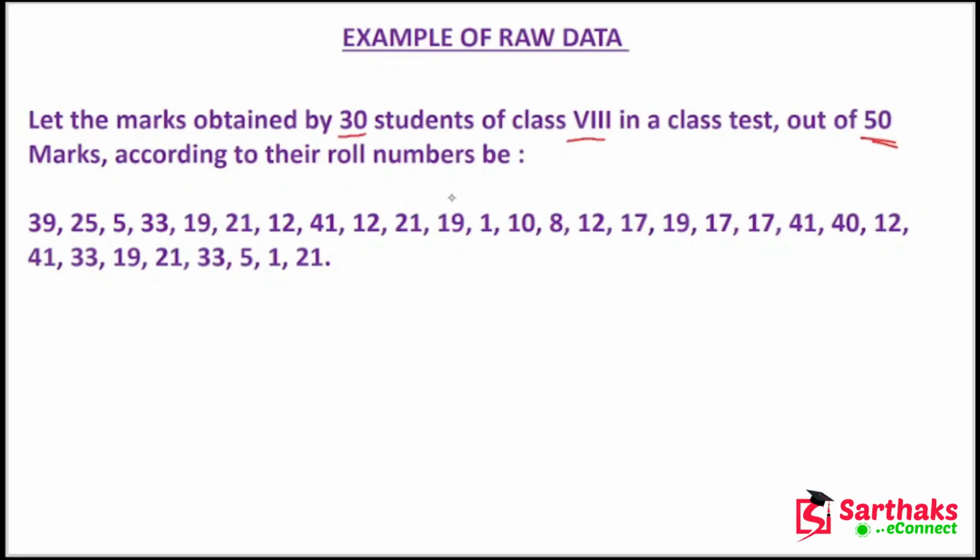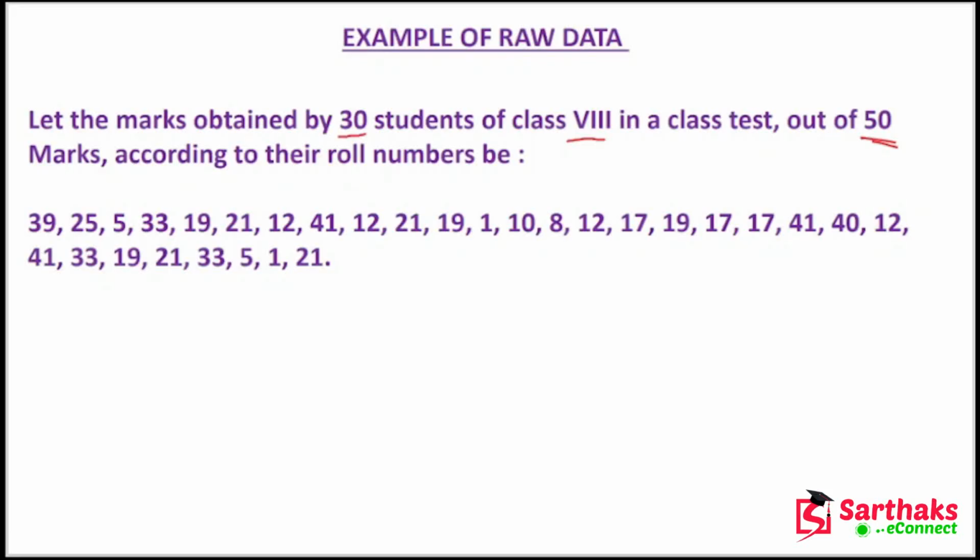Okay, so this kind of data, which is unorganized, which is very hard to read, which is just in the primitive form, you have not processed it, you have not even written whose marks it is. Okay, Ram got 33 or Lakshman got 19 or Shiva got 21, whoever's marks it is, we do not know the names, right? So this kind of data is called raw data. So this is a pure example of raw data. That is the data which you actually collect in your first instance. Okay, so that is raw data.